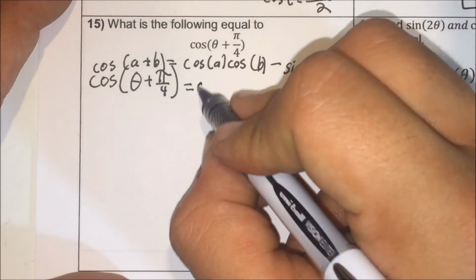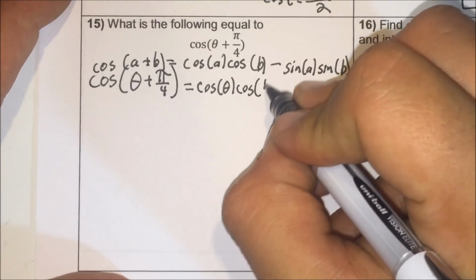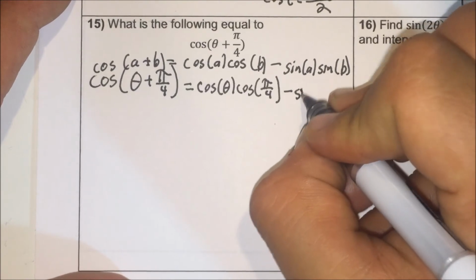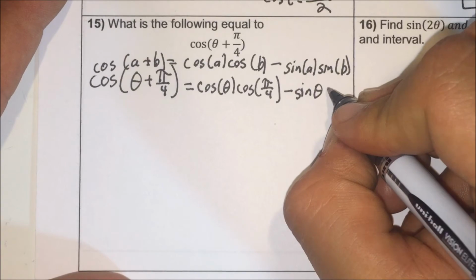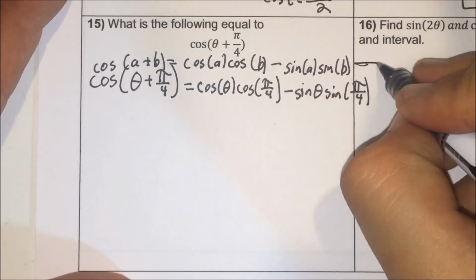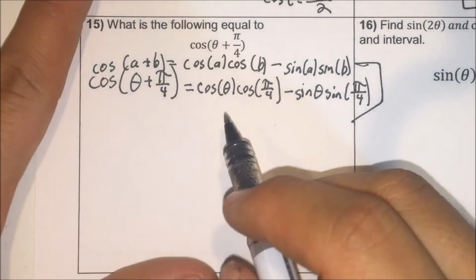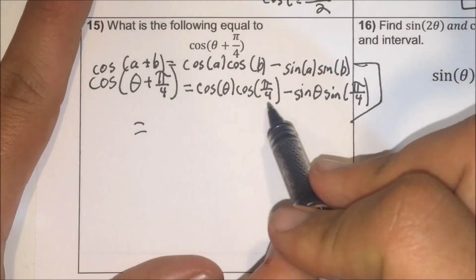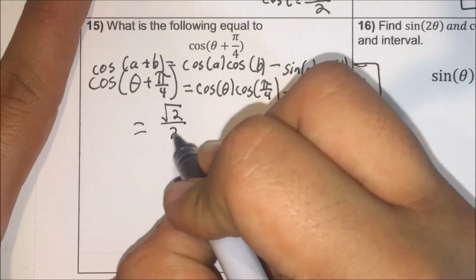So we just use that. We say, well, okay, that's just going to be cosine of the first thing, theta, times cosine of the second thing, pi over 4, minus sine of the first thing, theta, times sine of pi over 4. Well, cosine of theta, can't really do much with that. That's just cosine of theta. But we do know that cosine of pi over 4, if I look on my unit circle, is the square root of 2 over 2.